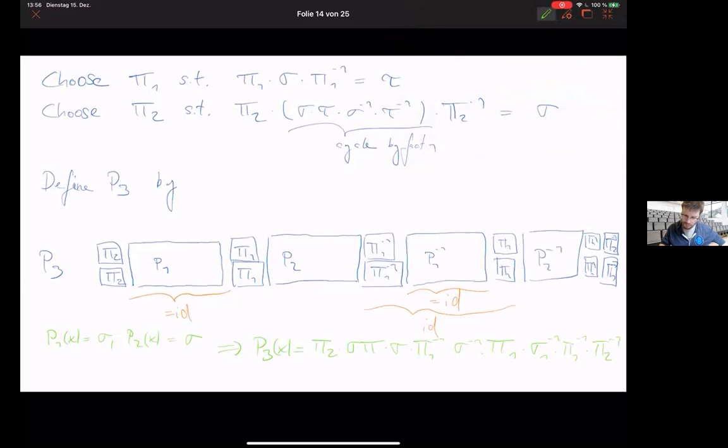And now I'm really just using this fact that this thing here is again just sigma times tau, and on the other hand side here, this is just sigma times tau.